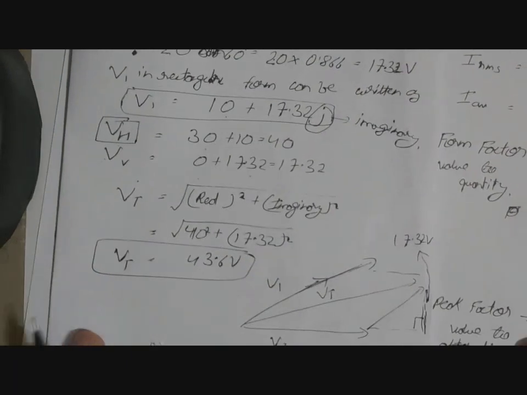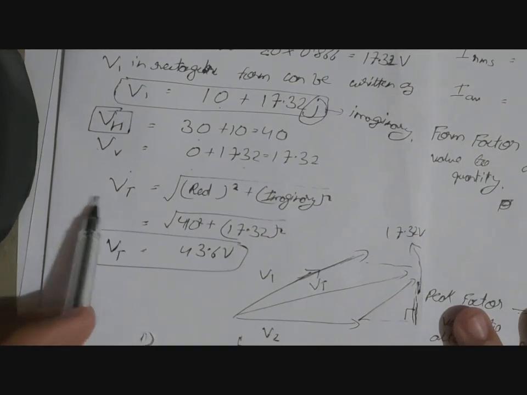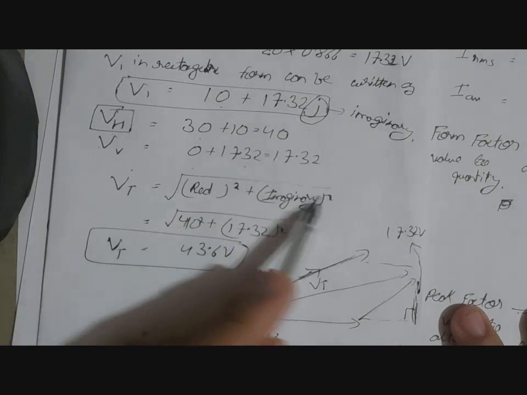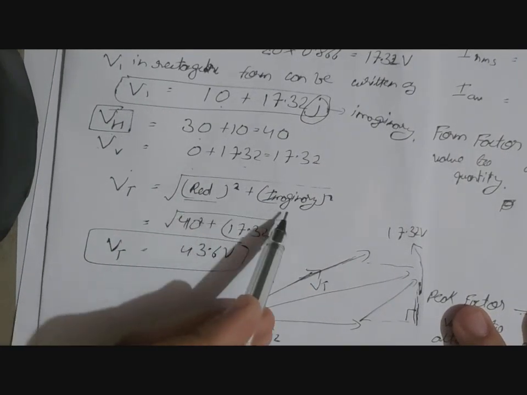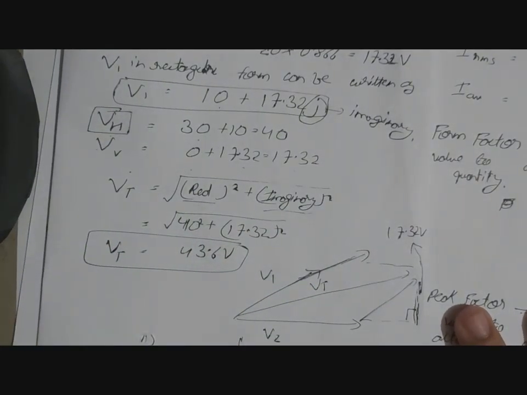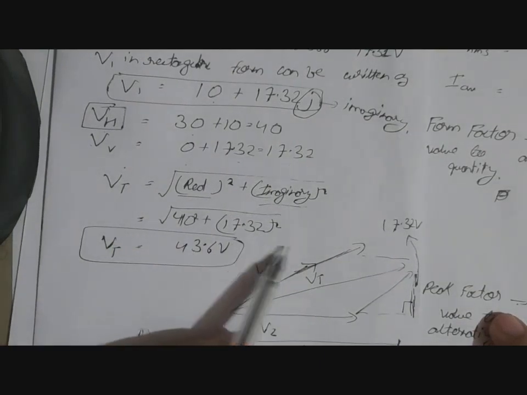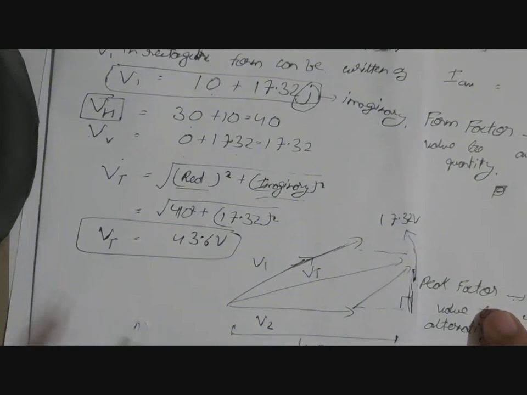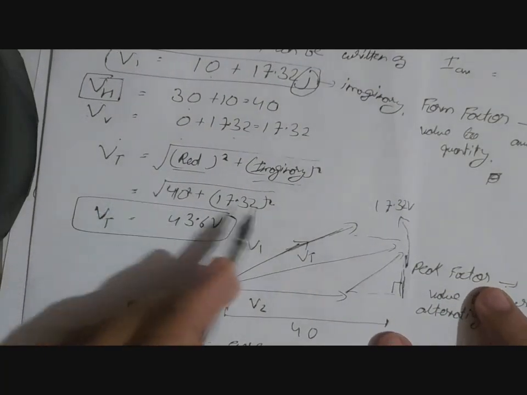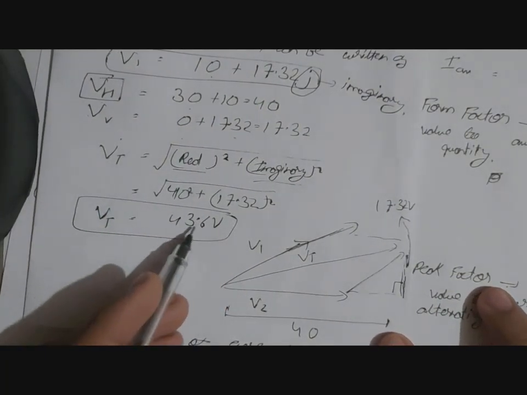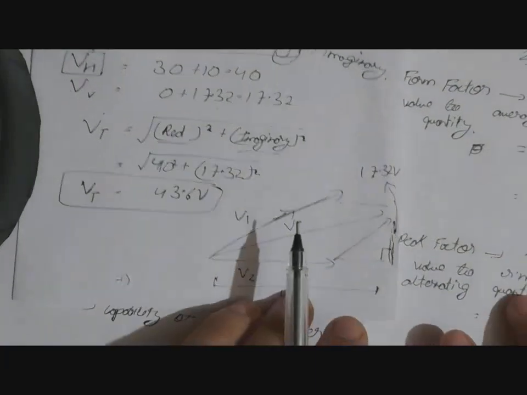So V total is equal to the root of the real component squared plus the imaginary component squared, which is the root of 40 squared plus 17.32 squared. By solving this, we obtain Vt equal to 43.6 volts.